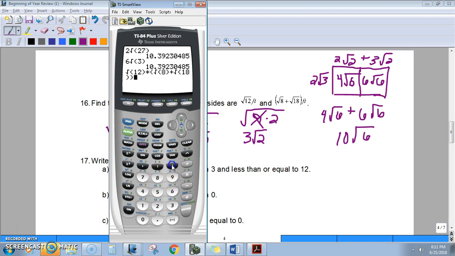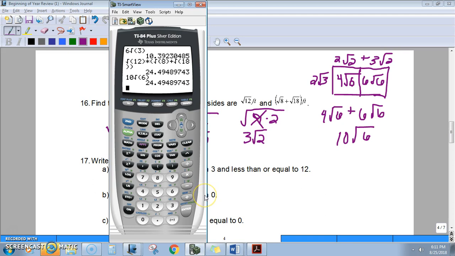If I'm putting all of my parentheses in, and I had to put parentheses around the square root of 8 plus the square root of 18 because you have to add those together first before you multiply when you do it this way. And I get 24.49. So that would be the area. And then let's put in 10 root 6. See? Boom, exactly the same.